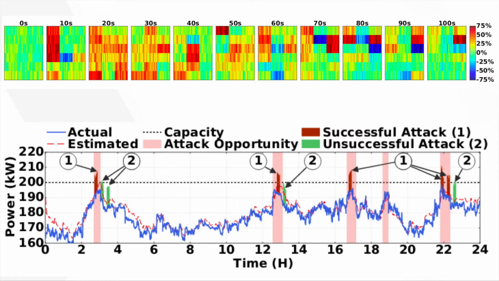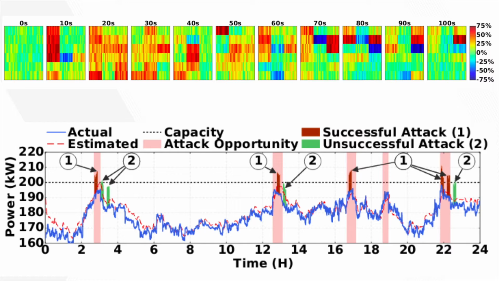You see those red vertical lines in some of these shaded regions? That's when we actually perform the power attack, and that's a successful power attack happening. That's the one where we actually pull the power draw in the whole data center over the total power capacity.